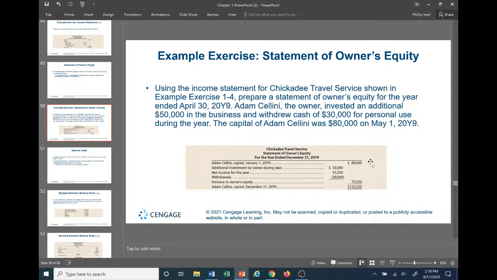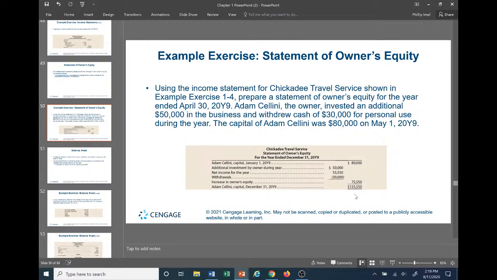From that point, we take the beginning balance as of January 1 of 80,000, add in the net effect of the increase in owner's equity for the period of 75,550, and that'll give you the capital as of December 31st, 2009, year end. So you take the beginning balance, take the changes that occurred during the period, add or subtract whatever it is, and that'll give you the ending balance right here.